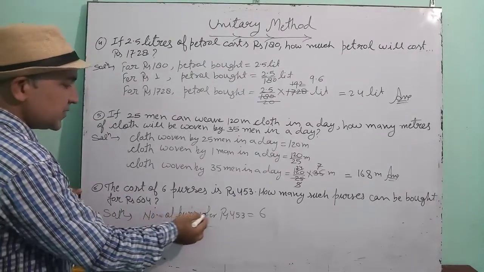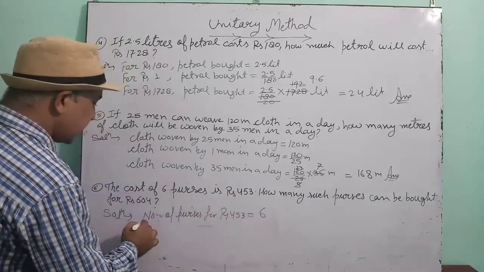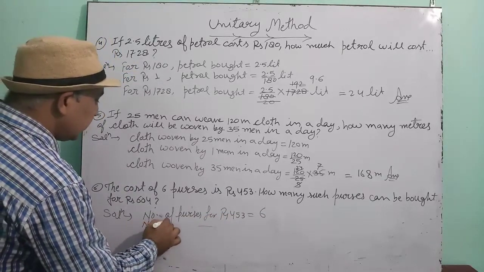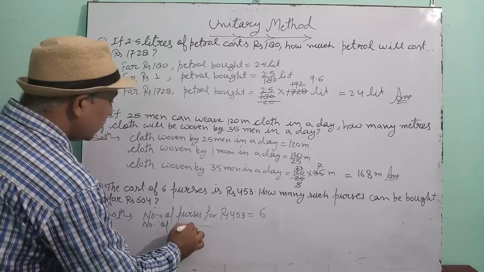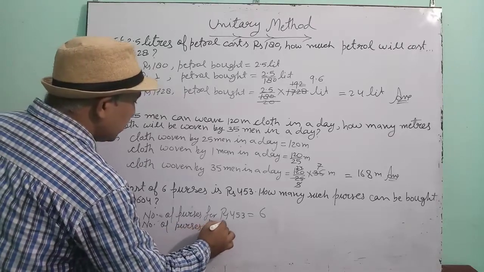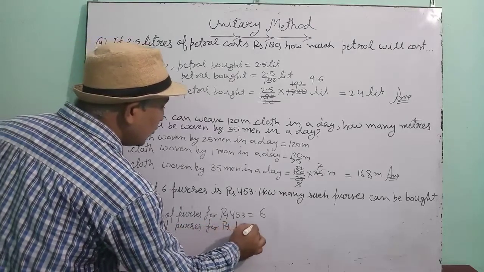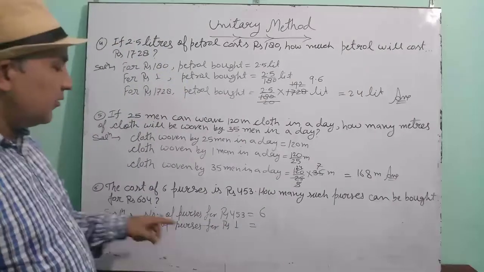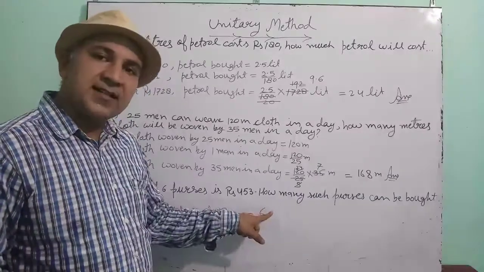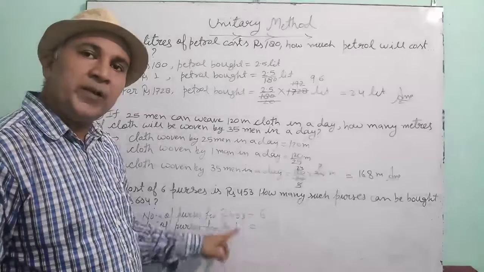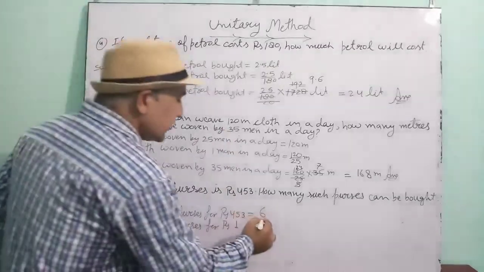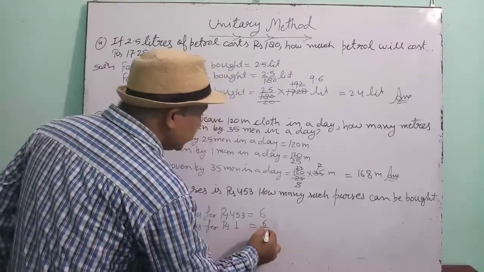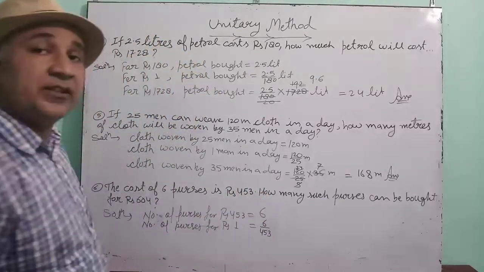Number of purses for rupees 453 is 6. Then number of purses for 1 rupee will be, for 453 there are 6 purses, then for 1 rupee fewer purses. That is why 6 will be divided by 453.